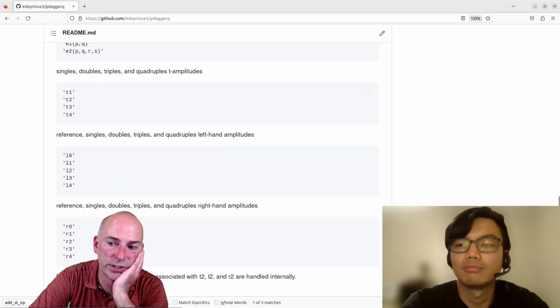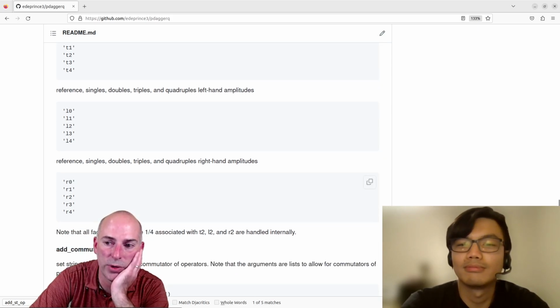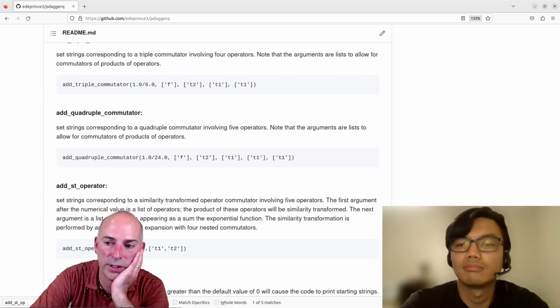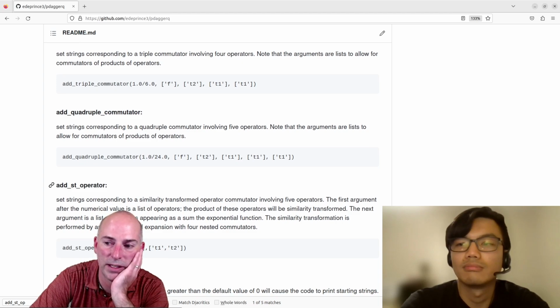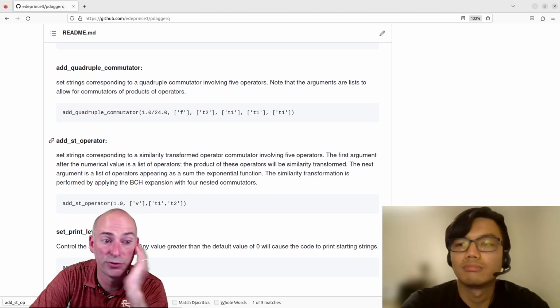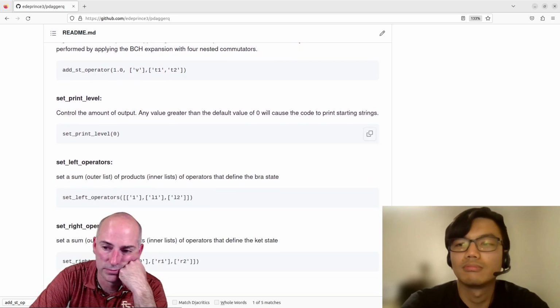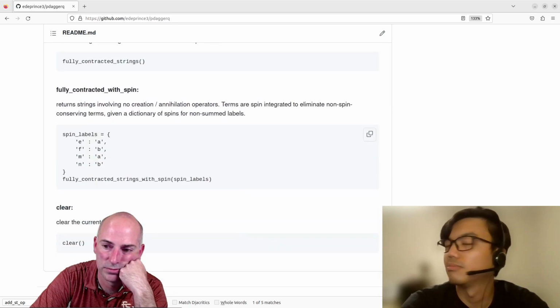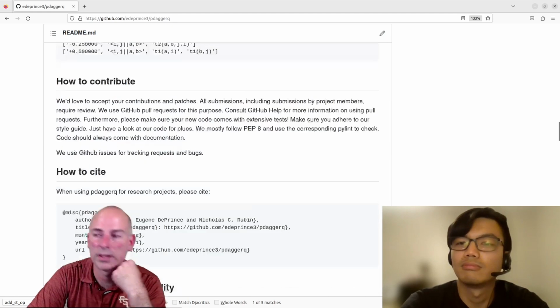And then there's also built-in up to quadruple excitations. So T1 through 4, L0 through 4. This is for equation of motion coupled cluster that we're not going to get into. There's add commutator, add double commutator, up to quadruple, and then there's add st operator that does that for you. Does the whole BCH expansion up to 4. Yeah, set left and right operators, and so forth. Check it out, it's fun.